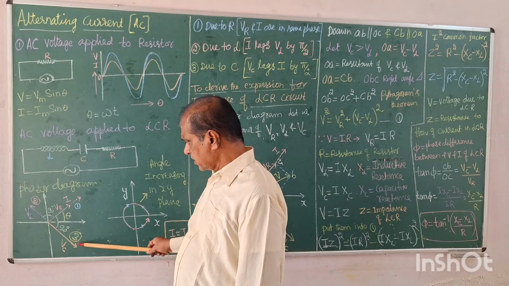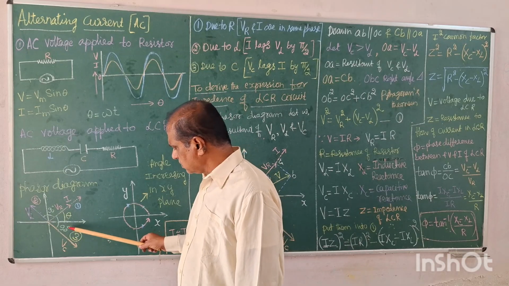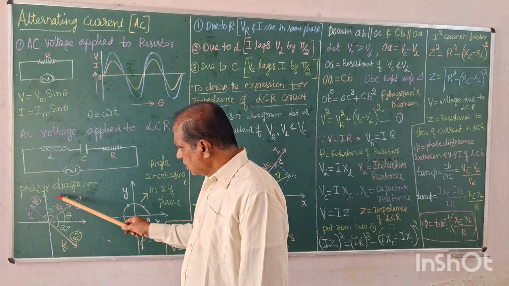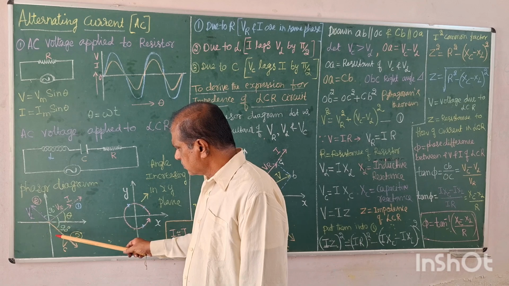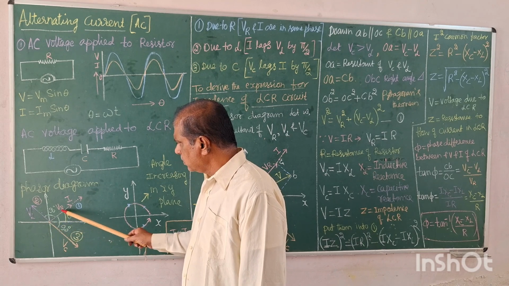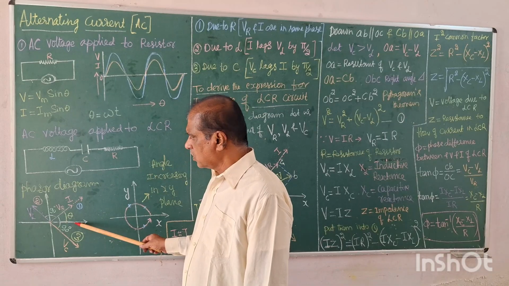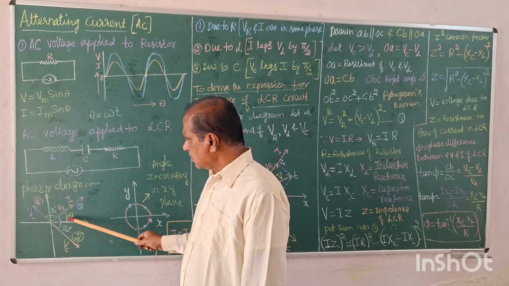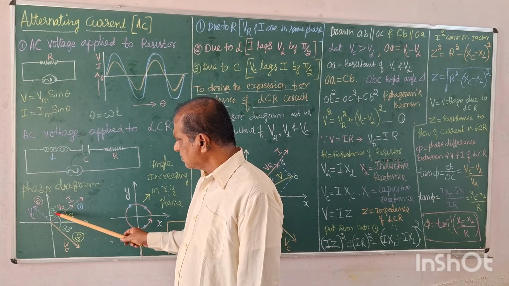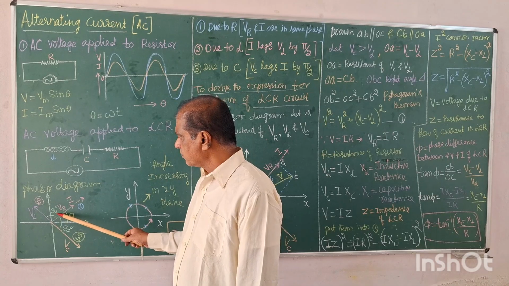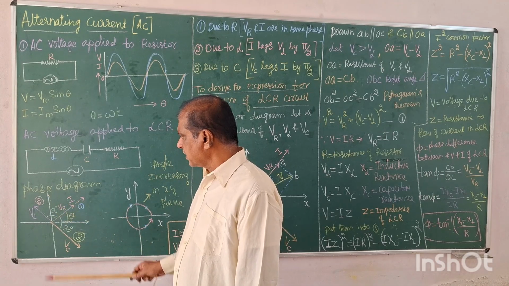Now look at that. This phasor diagram consists of all the voltages, representing a difference in phase angle. It is called a phasor diagram.